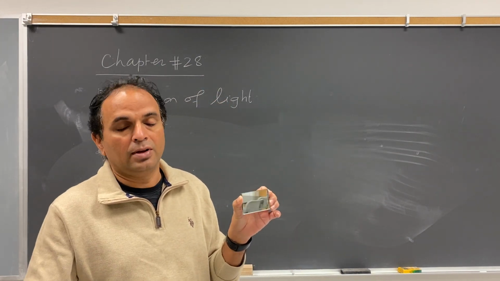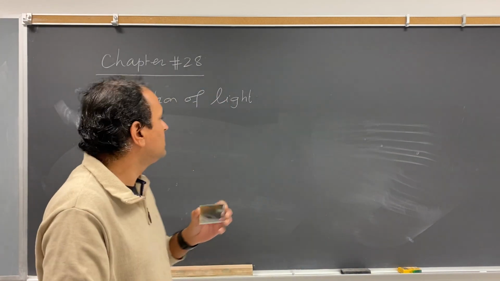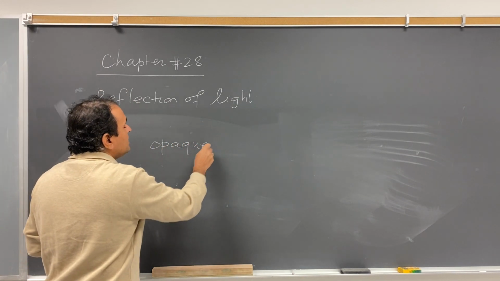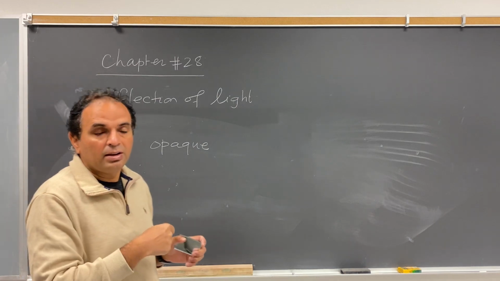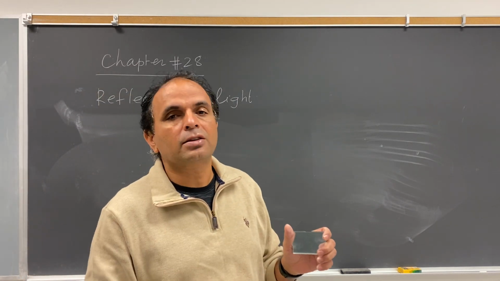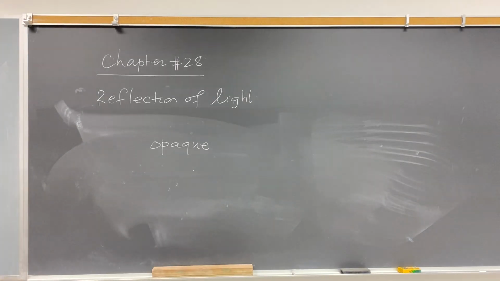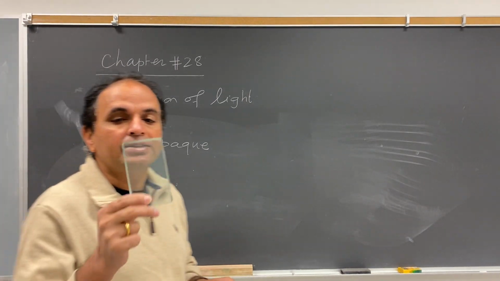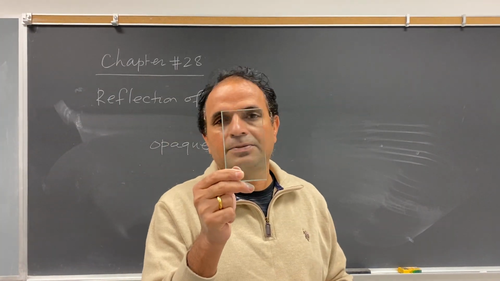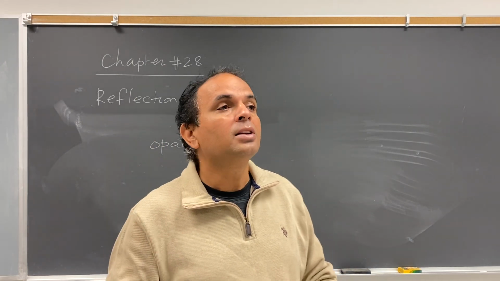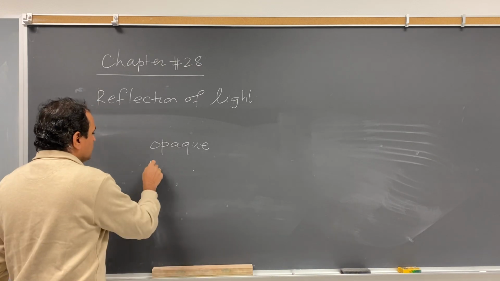This is also an opaque object. Light cannot pass through the object if it is opaque. And there is another type of object like this. This is a glass slab. Light can pass through this, like your eyeglass. So that is called transparent.